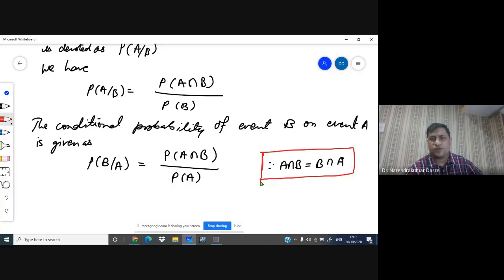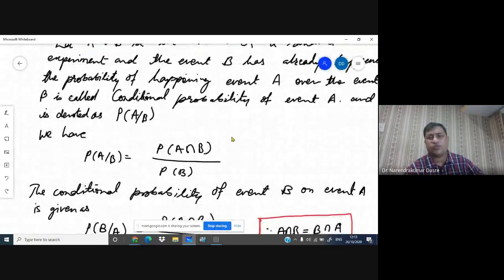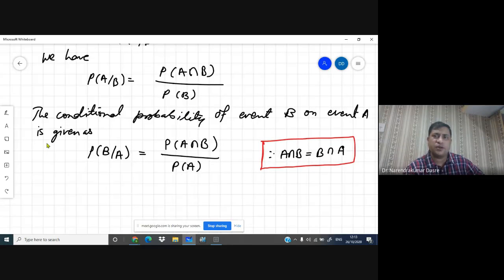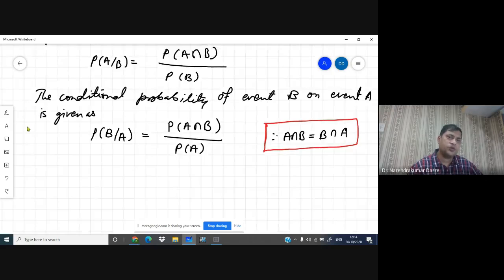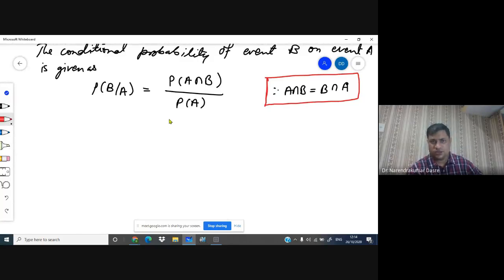So when we have the events A and B of the same random experiment and want to find the conditional probability, the conditional probability of event A on B is given as probability of A intersection B upon probability of B, and the conditional probability of event B on A is given as probability of A intersection B upon probability of A. Now, one more thing we need to understand about independent events.